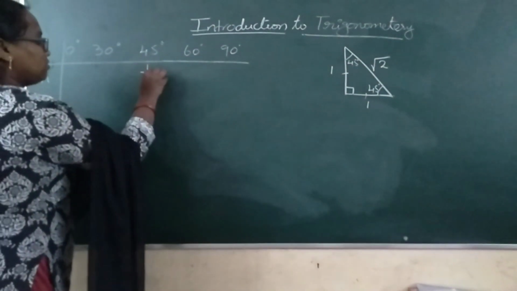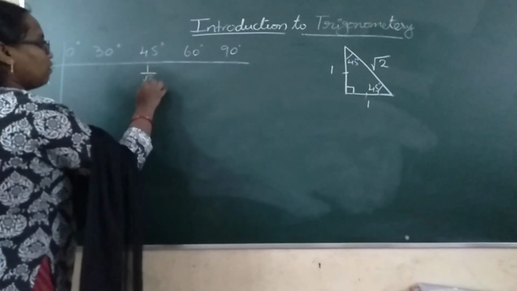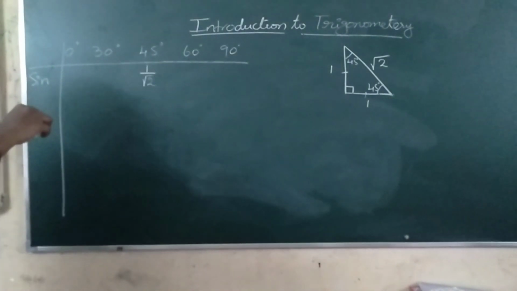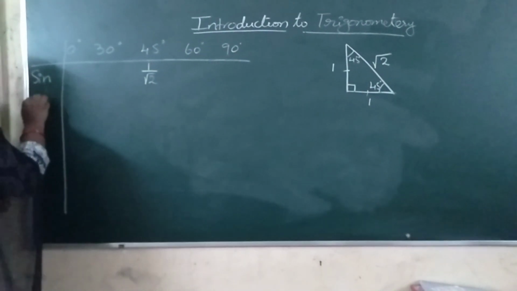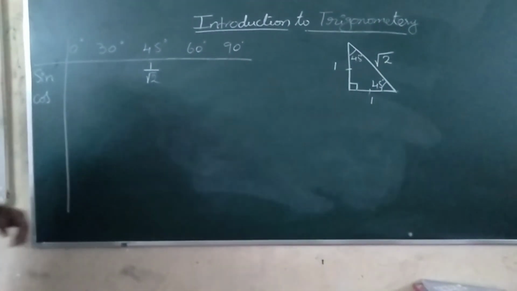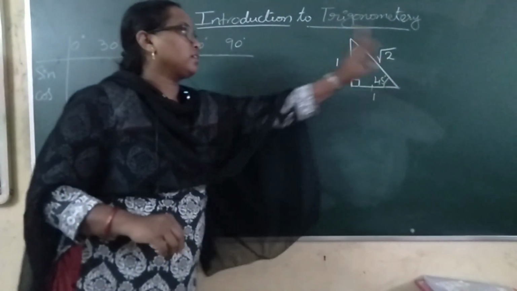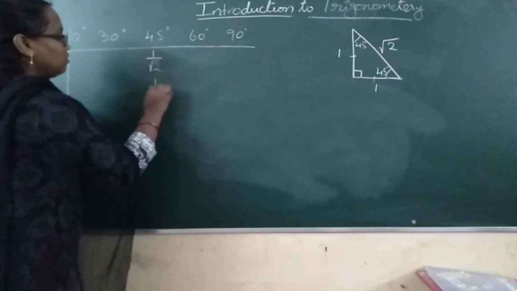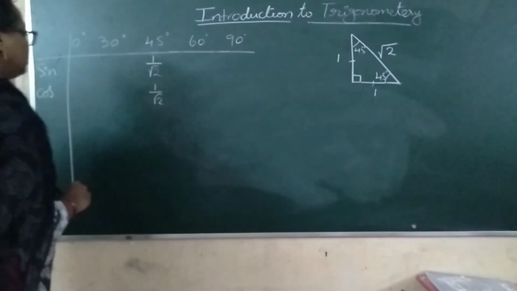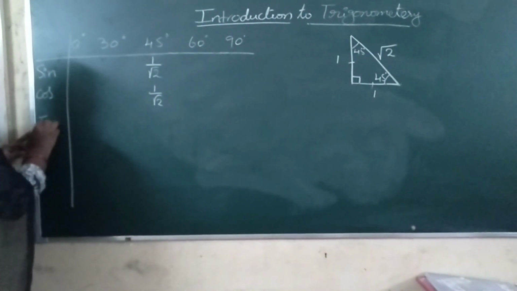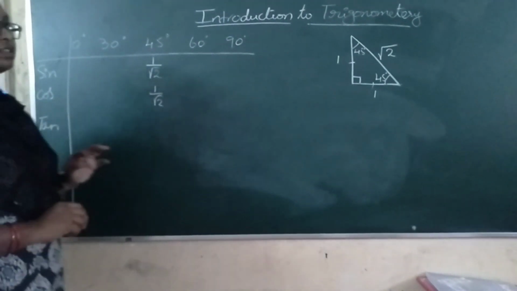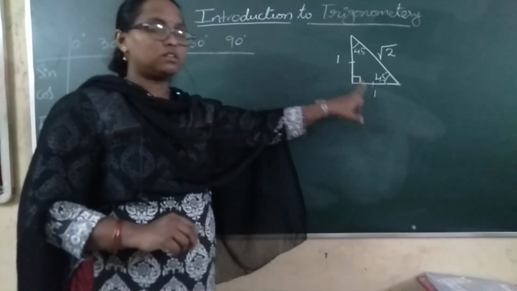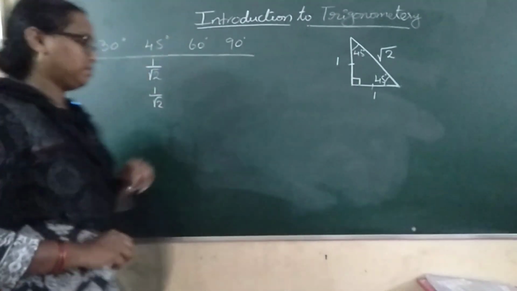So sine 45 is 1 by root 2. Similarly cos is adjacent by hypotenuse, 1 by root 2. Now tan is opposite by adjacent, 1 by 1.